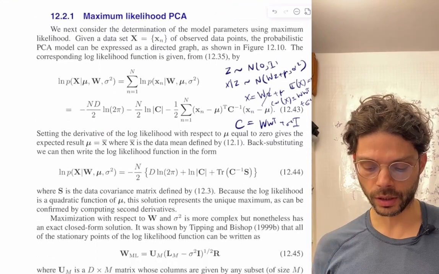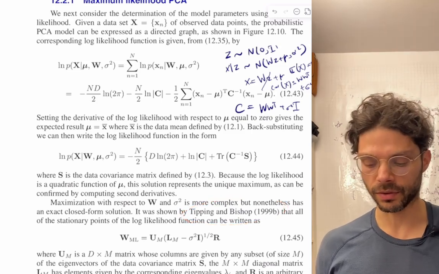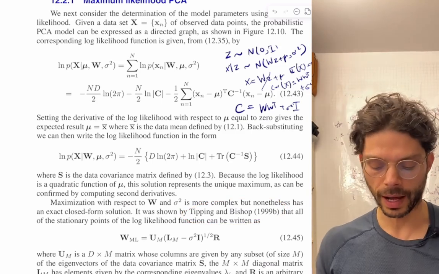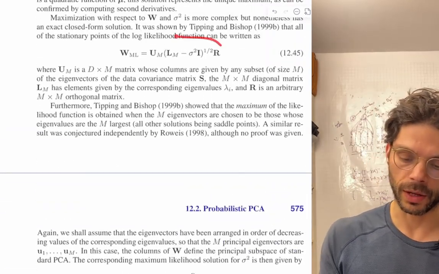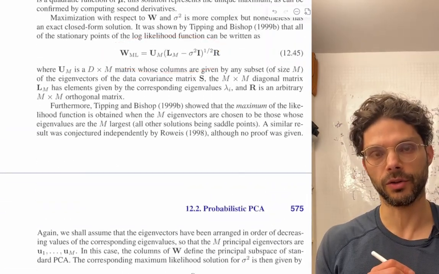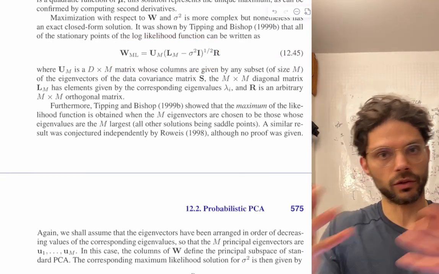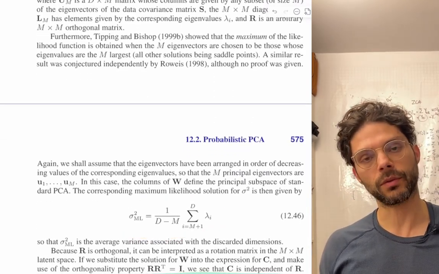The solutions are described here. I made a blog post about it, doing essentially the same thing, but it's quite straightforward. We'll talk about the maximum likelihood solution for the projection weights, how you go from the latents to the observations, and the maximum likelihood solution for the variance.